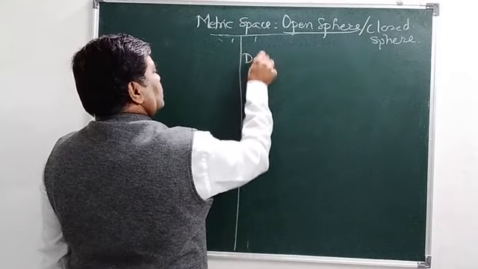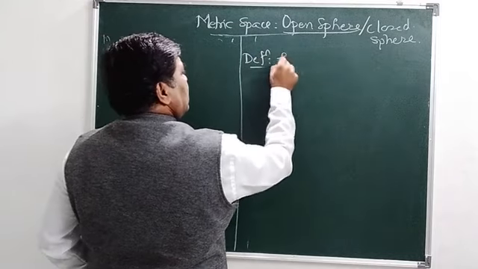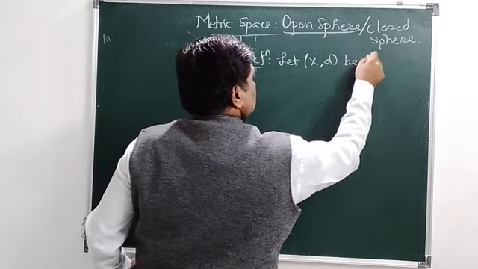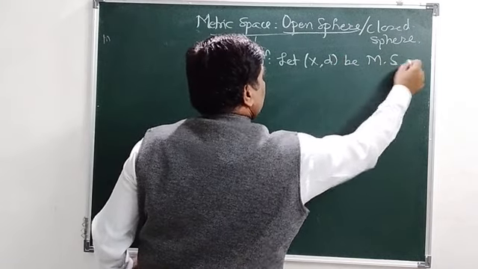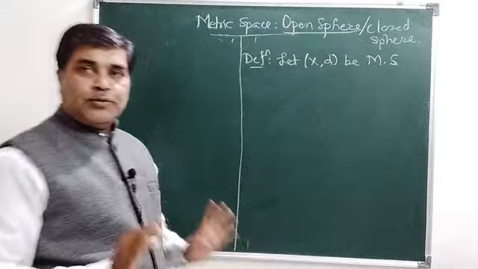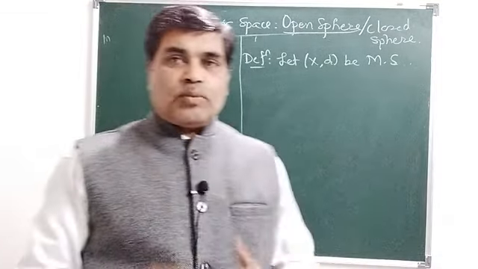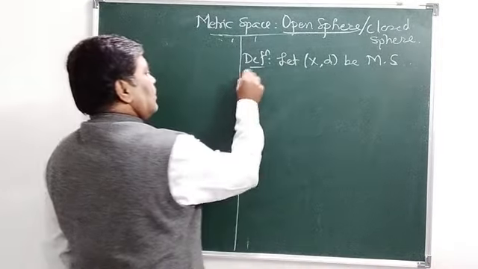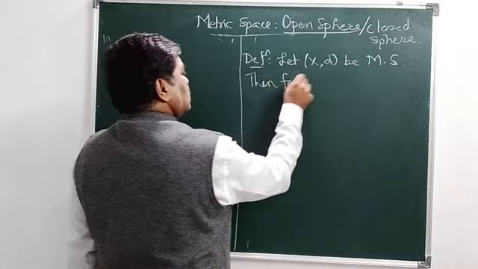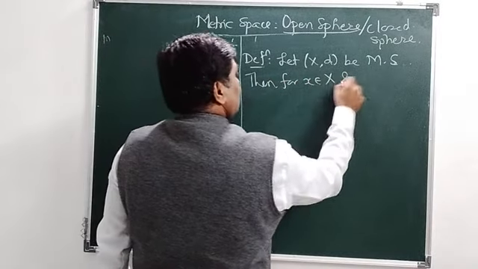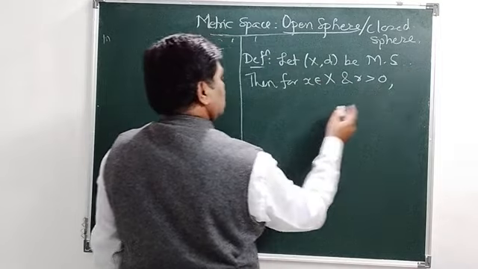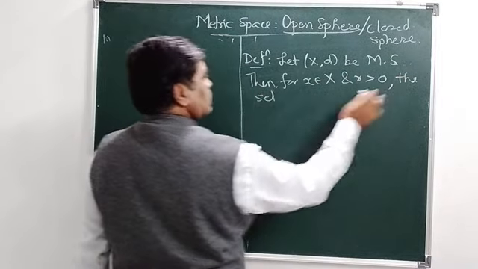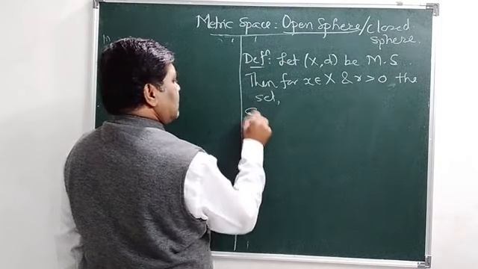So the definition. Let (X, d) be a metric space. This is the abbreviation for metric space. According to me, don't use m.s. for metric space; always write the words metric space completely. Then for x belonging to X and r greater than 0, define S_r(x).